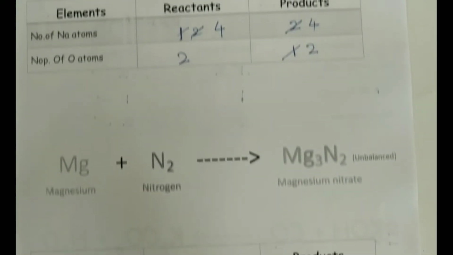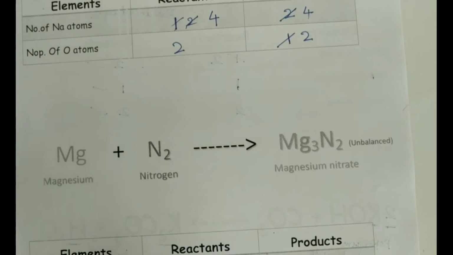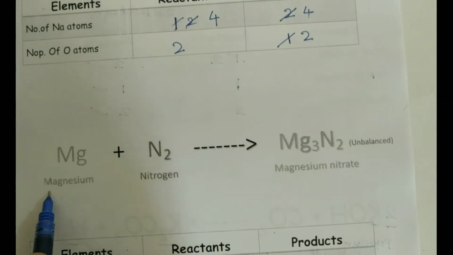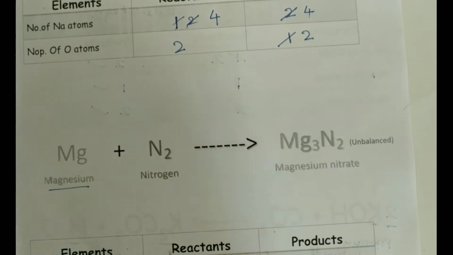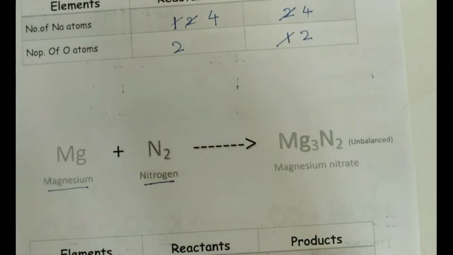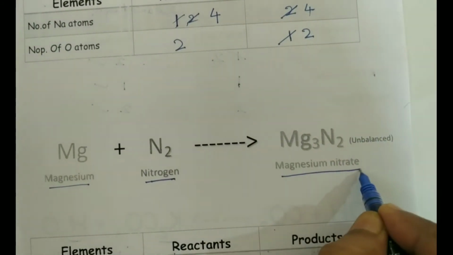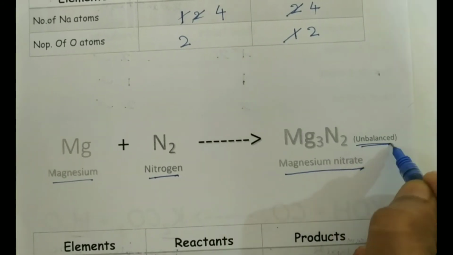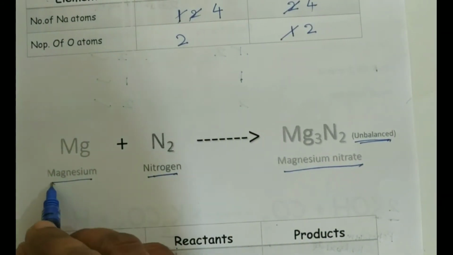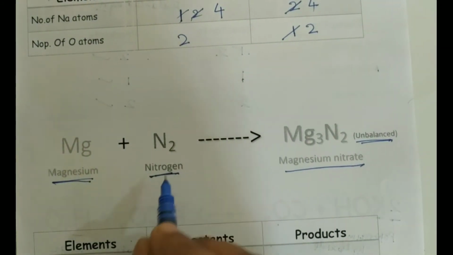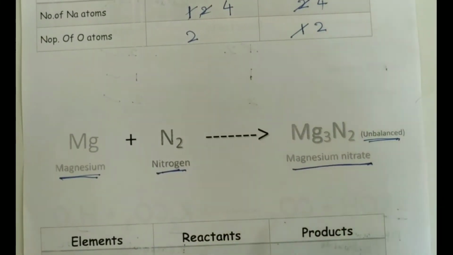So we'll take one more example, that is magnesium. Magnesium, Mg, when it reacts with nitrogen, produces magnesium nitride. It's an unbalanced chemical equation. Now we are going to balance it.